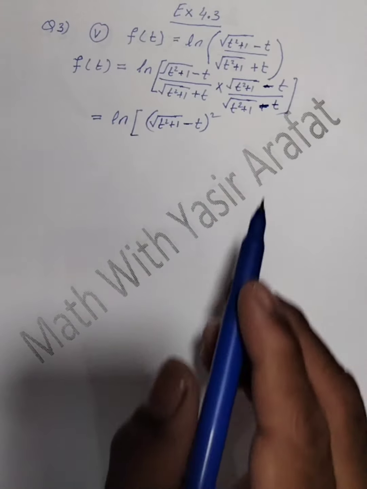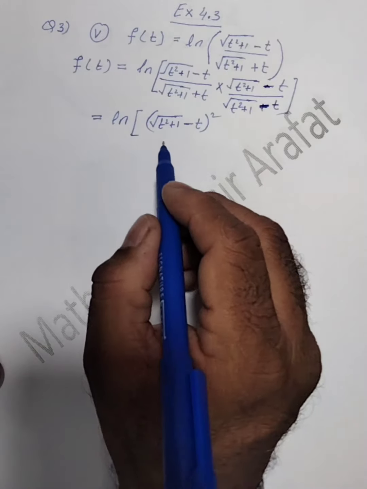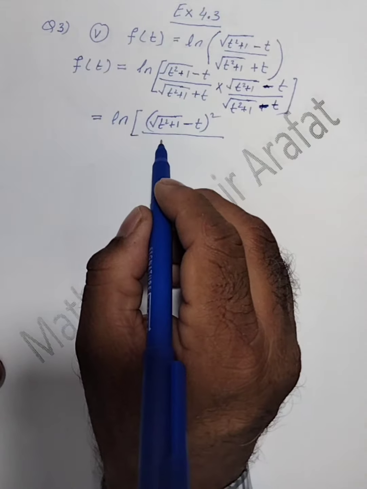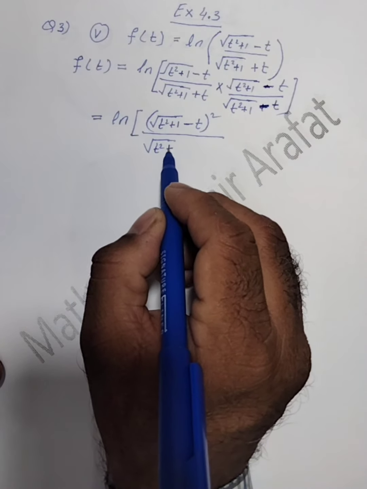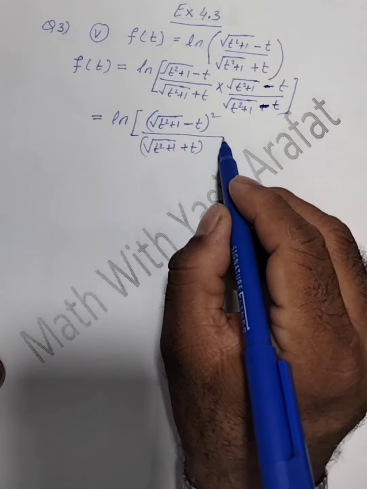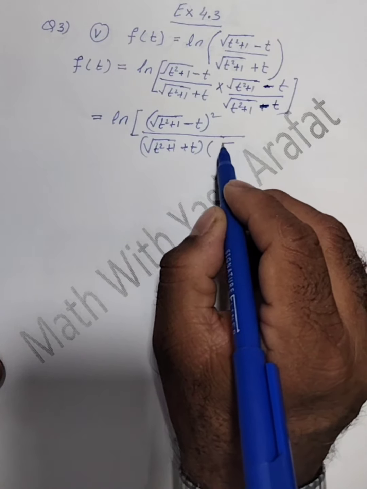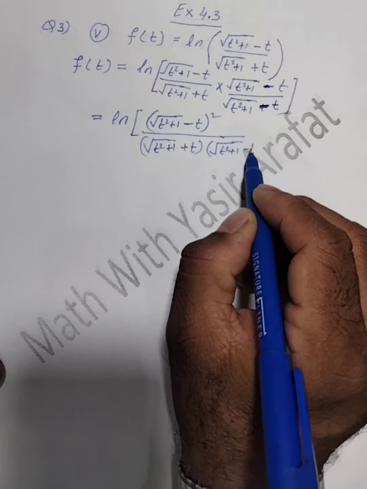In the denominator, we have radical t square plus 1 plus t times radical t square plus 1 minus t.